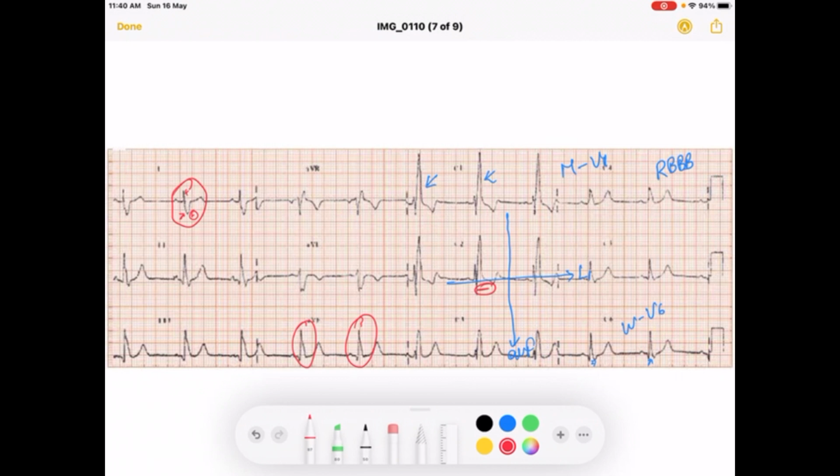So this is right axis deviation. As I told, this is a right bundle branch block with a right axis deviation. So this is left posterior fascicular block.